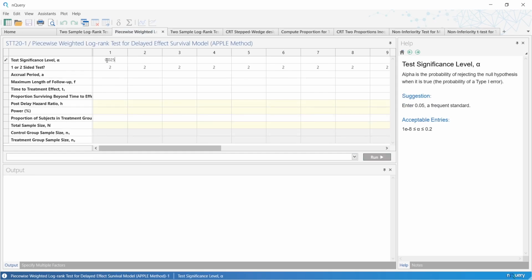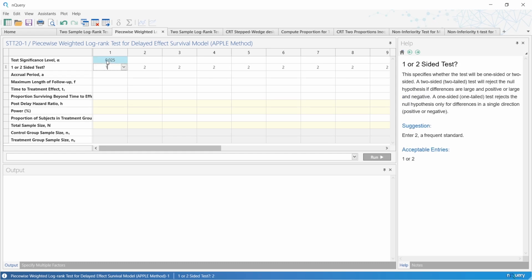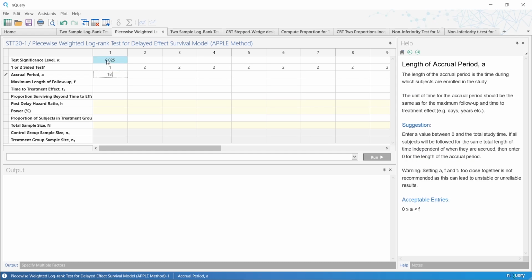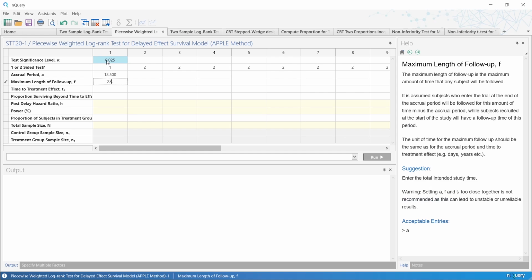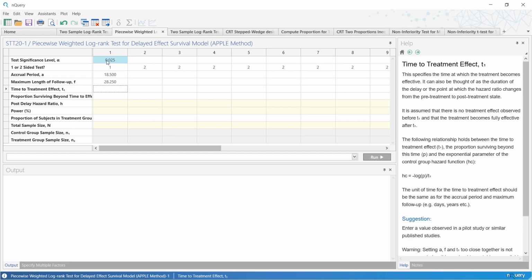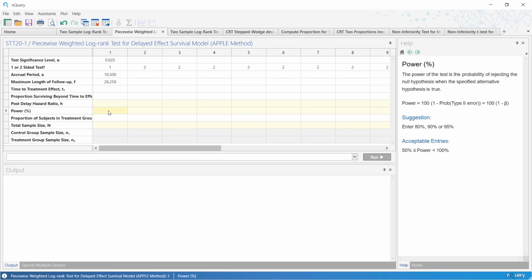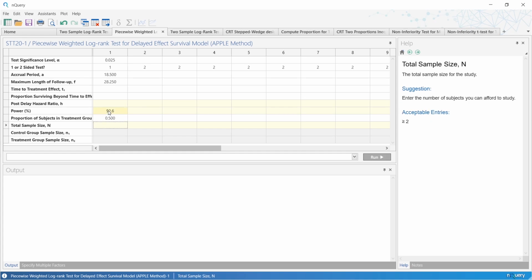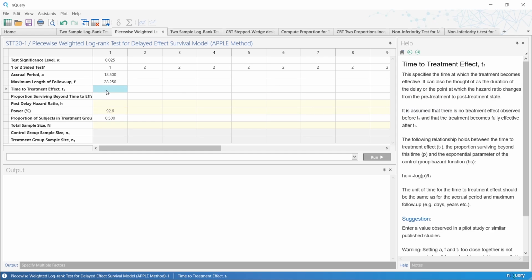So we'll keep 0.025 at the one-sided level, 18.5 accrual period, 28.25 maximum length of follow-up, power of 92.6. We'll have equal sample size per group. That was assumed from the last table. And so now we're saying, okay, what is the time to treatment effect? T1. That's our delayed time or delayed effect, whatever you want to call it.